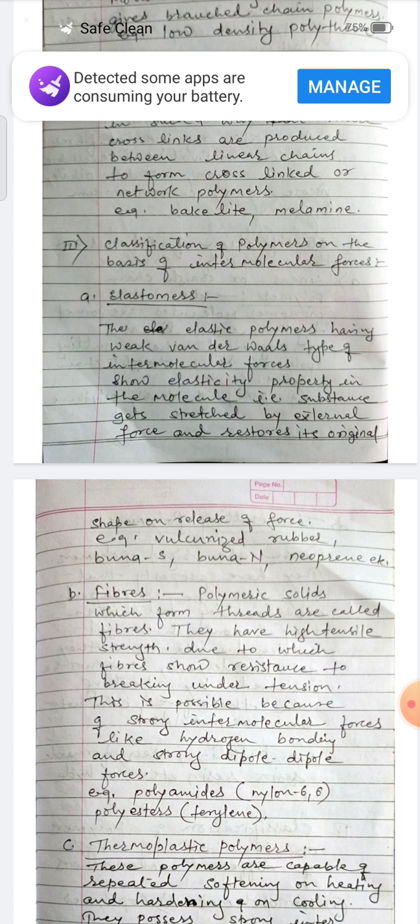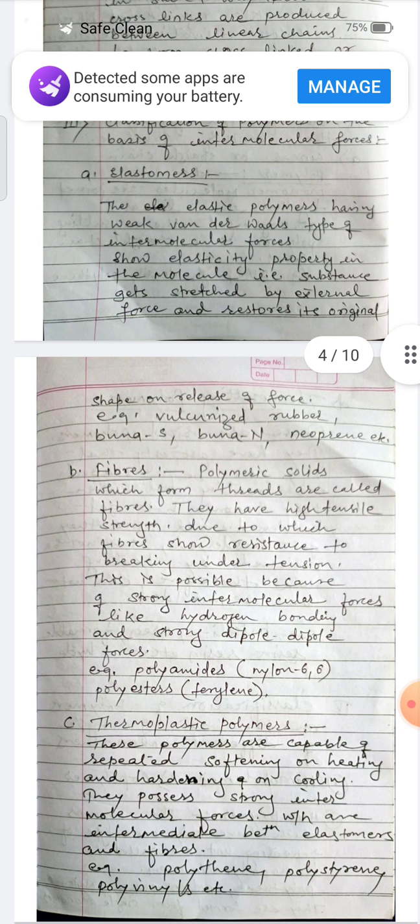Now the fibers. The polymeric solids which form threads are called fibers. They have high tensile strength, due to which the fibers show resistance to breaking under tension. This is possible because of strong intermolecular forces like hydrogen bonding and strong dipole-dipole forces.